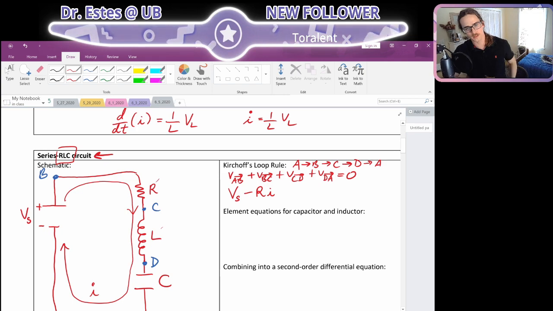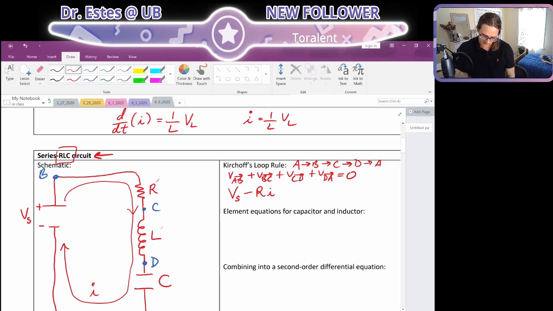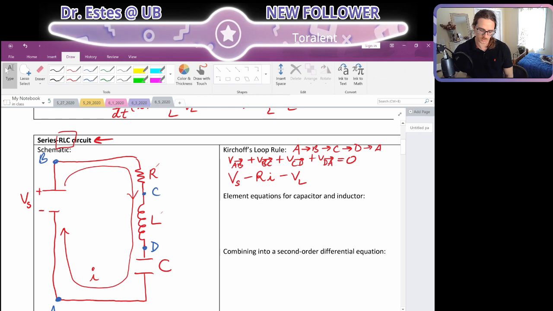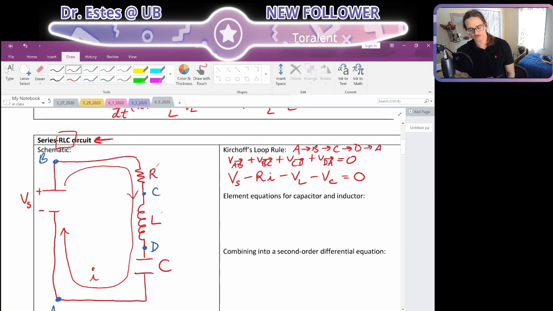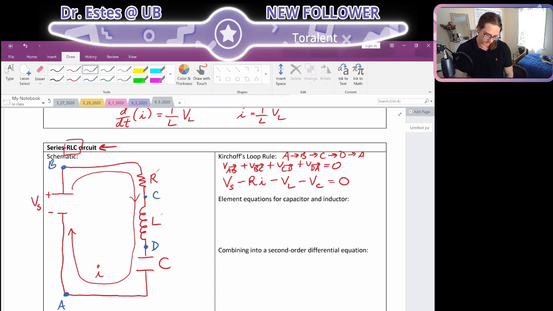That's called Ohm's law. The resistance times the current is the voltage drop across the resistor. And then from C to D across the inductor, I'm just going to call it minus VL. And when I go across the capacitor from D to A, minus VC. I'm just going to leave it like that. Let's call this equation 1.